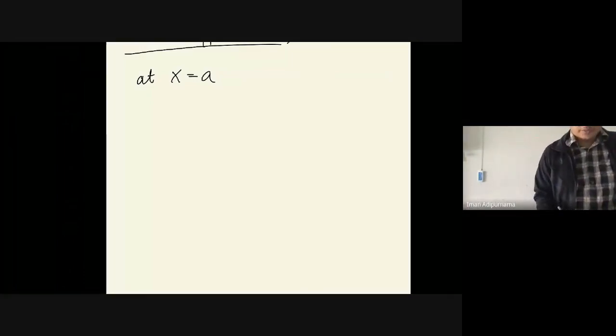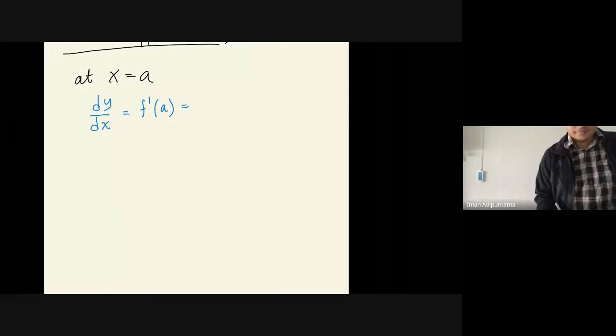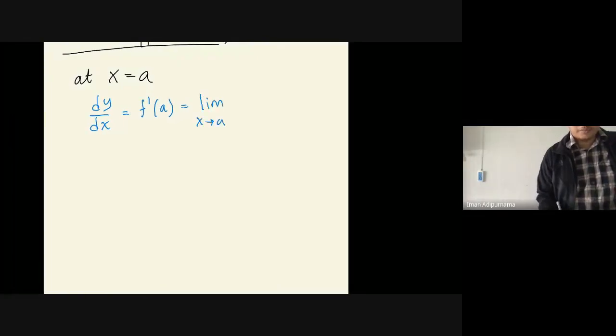I can write dy over dx, or d f of x over dx, is f prime of a by the limit definition. I hope you still remember this.